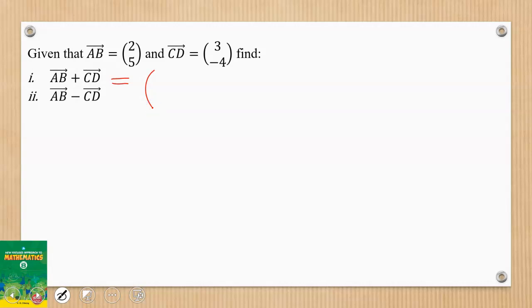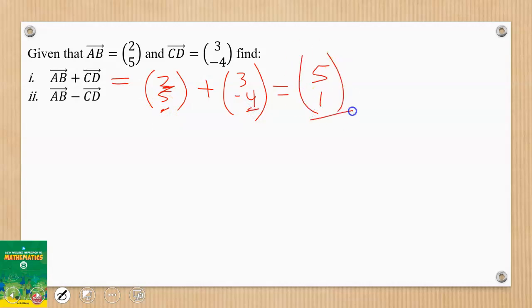So my AB is (2, 5) and my CD is (3, -4). 2 plus 3 is 5. 5 plus -4 is 1. So the vector sum is (5, 1).